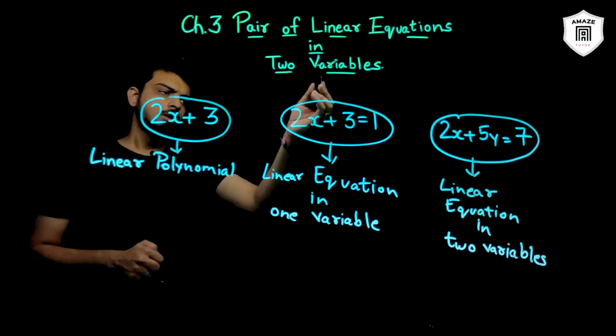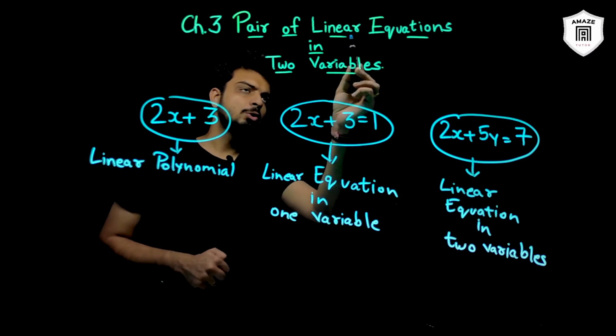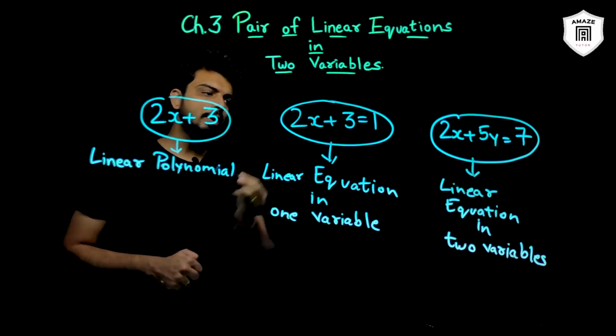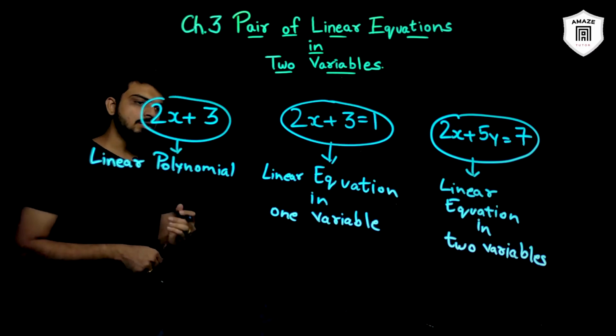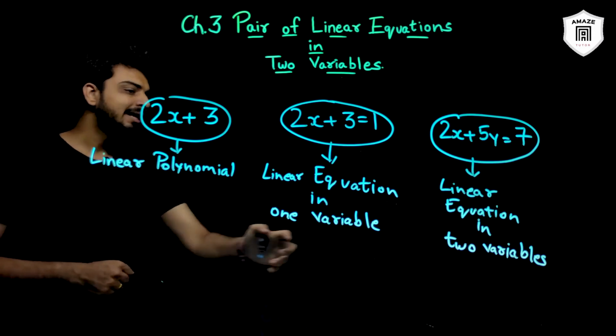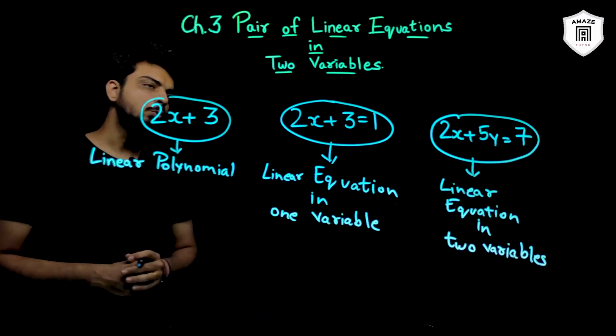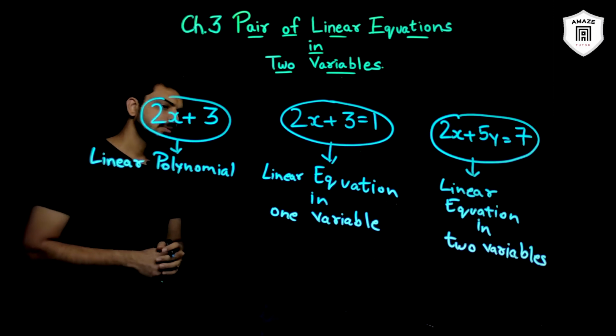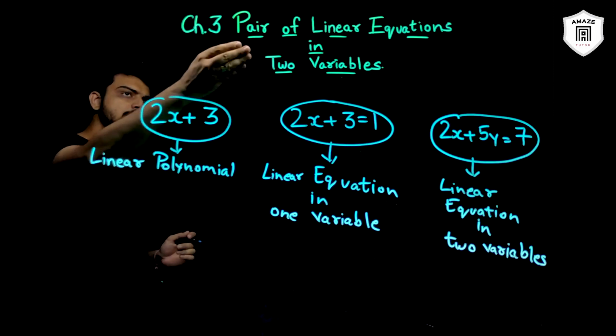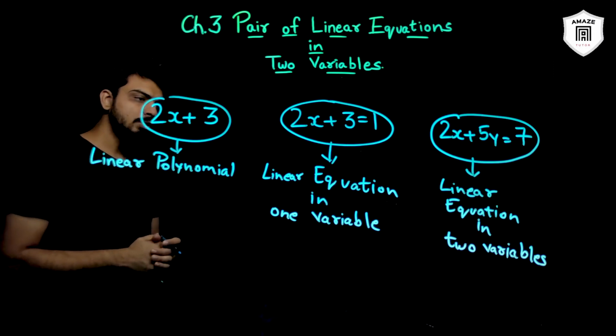So you are clear with this, that what do you mean by linear equation in two variables? So basically in this unit we are going to study about linear equation in two variables, okay? And I will be coming to the next point, which is pair of linear equations in two variables, okay?